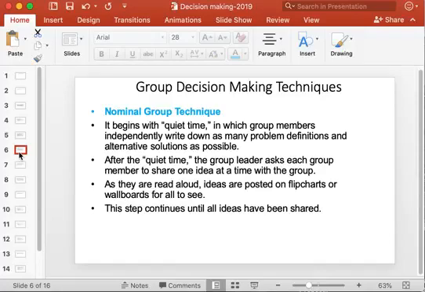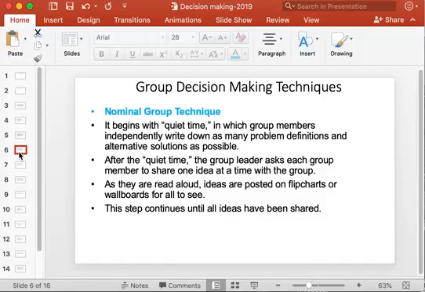To talk about nominal group technique, it begins with what is called quiet time, in which group members are asked to independently write down as many problem definitions and alternative solutions as possible.